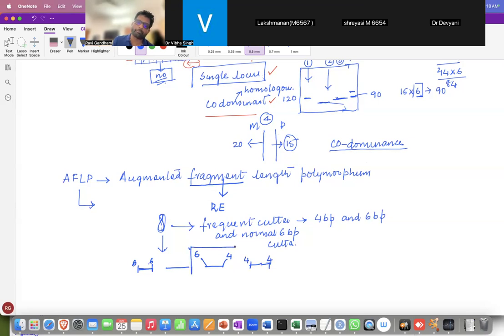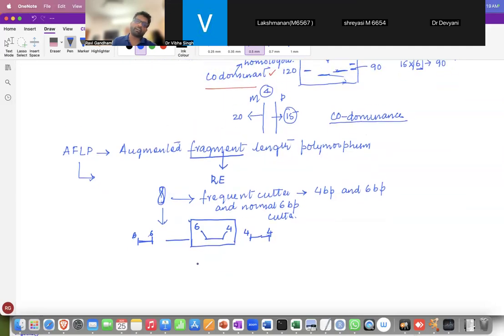But only these fragments are selected. How are they selected? Let us say you have a fragment, right? I'm just drawing a fragment. Now this is the overhang, which is actually occurring after the initial cut of 4 base pairs. And this is the overhang that you get after you cut it with the 6 base pair cutter, right?